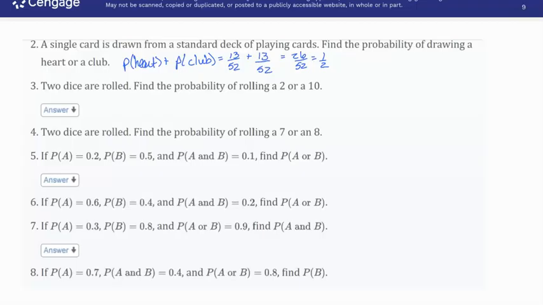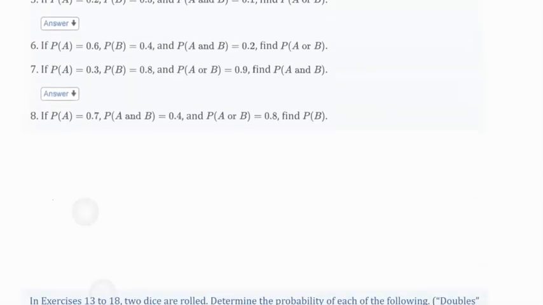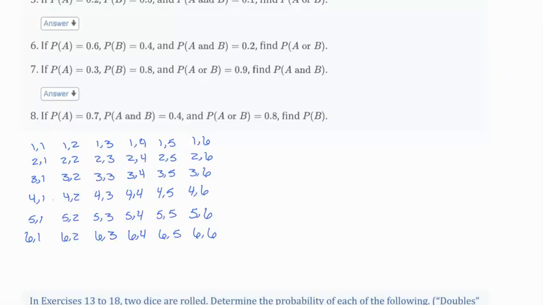Let's look at number 3. We're rolling 2 dice now. We want to find the probability of rolling a 2 or a 10. Remember, this is a sum of 2 and a sum of 10. So if we think about rolling our dice, I'm going to go down here and I'll list the sample set. So here's our sample set, and I did pause the video and write all this down.